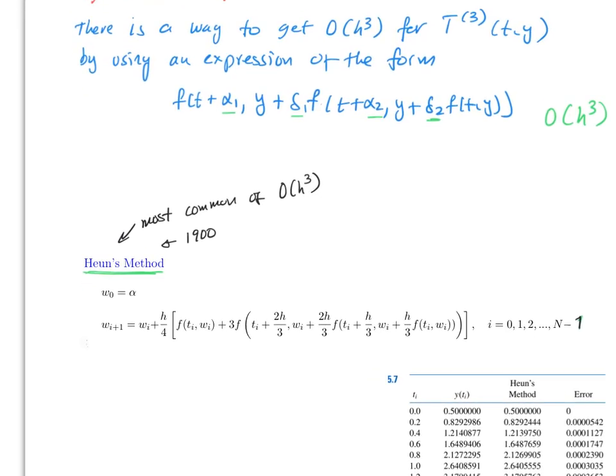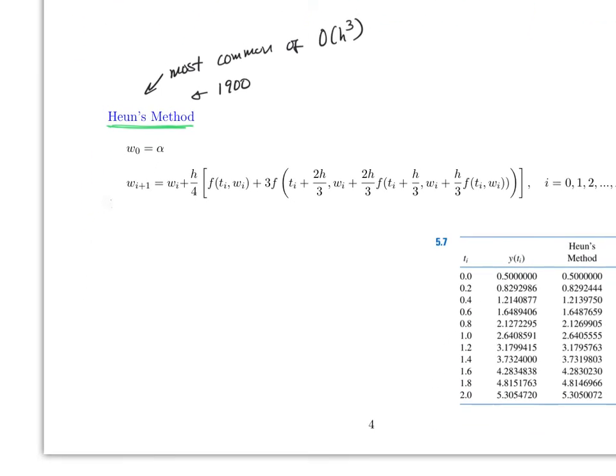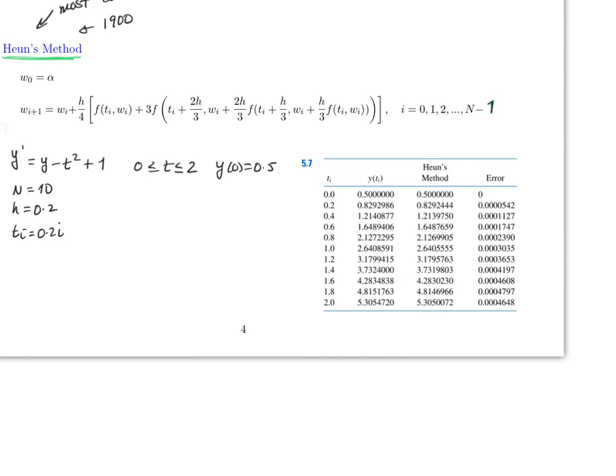So if we apply this method to the same equation we've been using all along, y prime equals y minus t squared plus 1 between 0 and 2 with the initial condition y(0) equals 0.5 and N equals 10, h equals 0.2 and t_i equals 0.2i, then the results are in the following table.